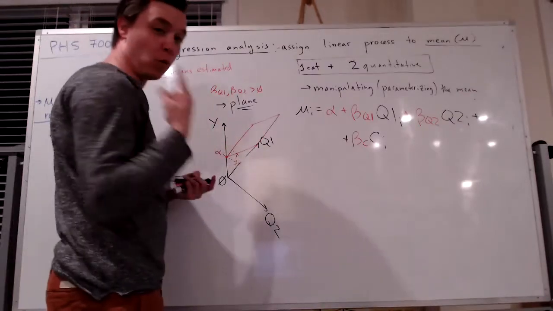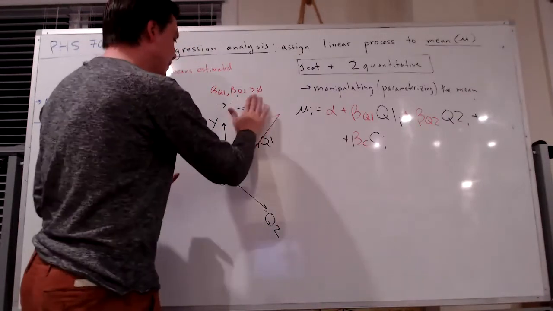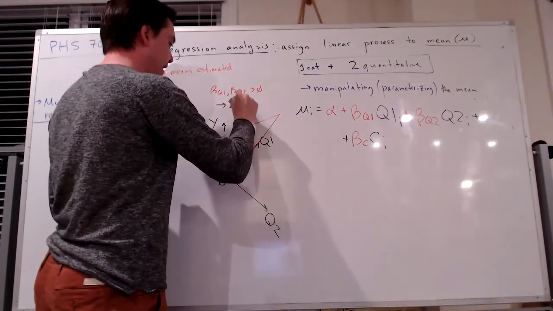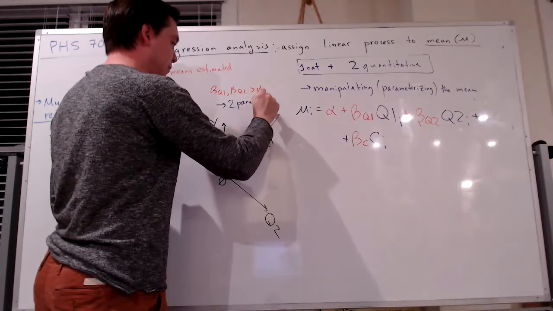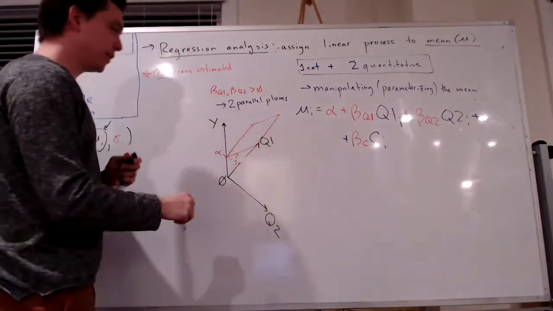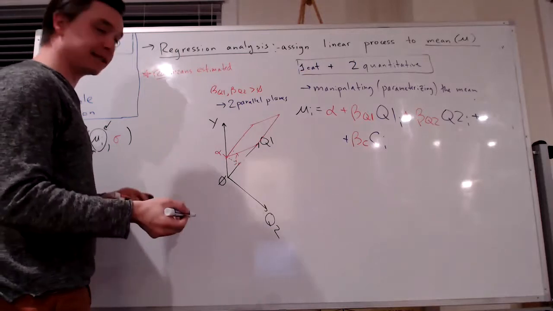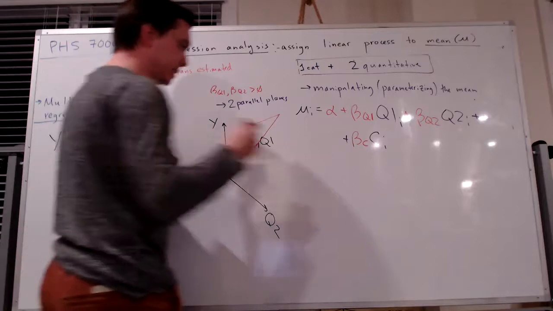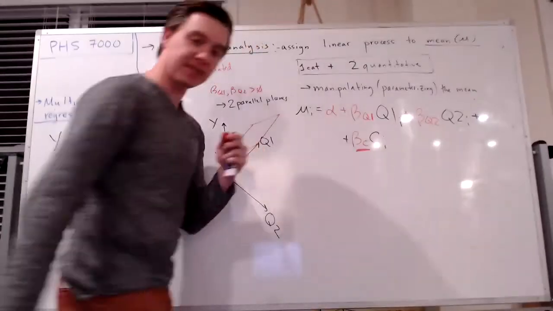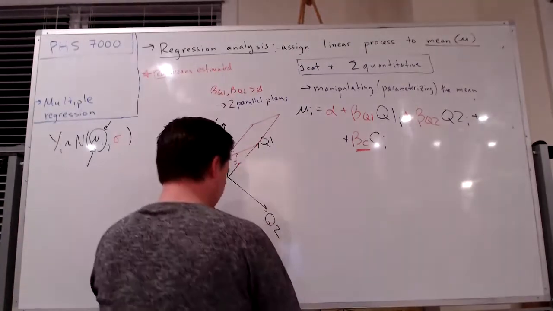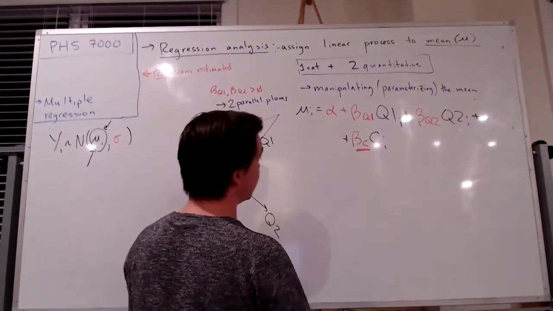Now I have not one plane, but 2 parallel planes. They are now 2 parallel planes separated, at all points, by this beta C coefficient, because I can write out the equation of each plane.